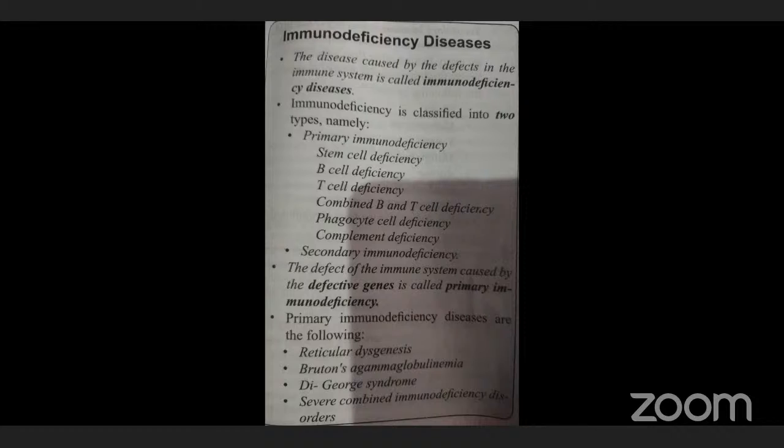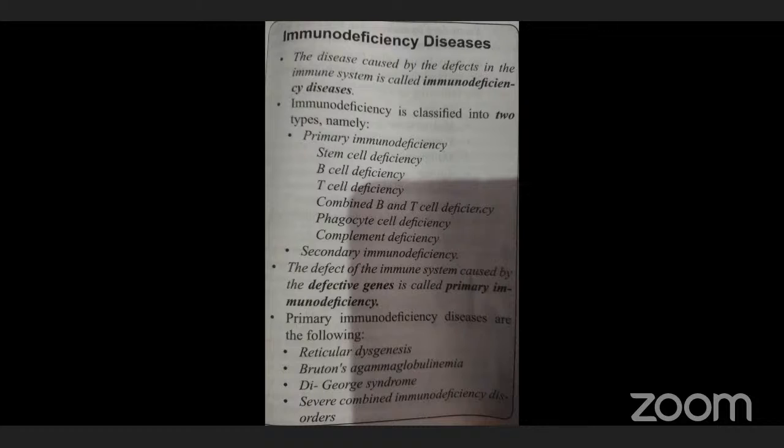Immunodeficiency diseases are classified into two types. One is primary immunodeficiency, and the second one is secondary immunodeficiency.